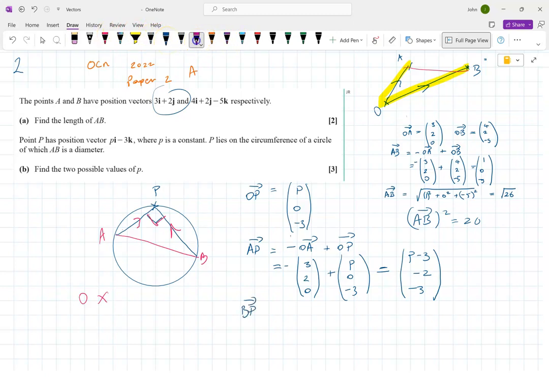Let's change colours. So BP is equal to negative OB plus OP. It's just the same as above, but with OB instead of OA.